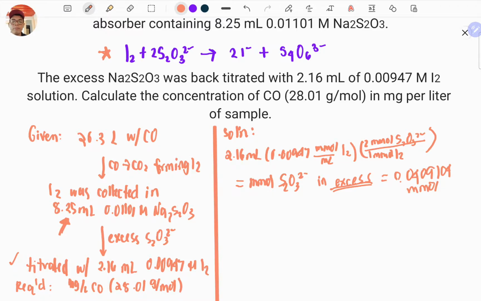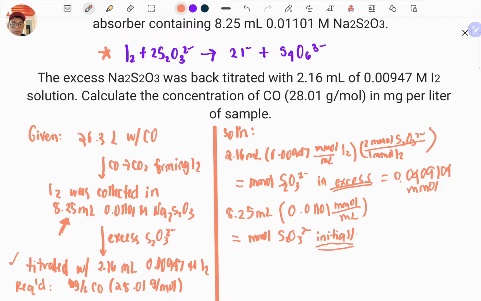8.25 ml, 0.01101 molar. So if I take 8.25 milliliters and multiply with 0.01101 millimoles per ml, that should give me the millimoles of thiosulfate that was added initially. Alright, so again, we started with 8.25 times 0.01101 molar.